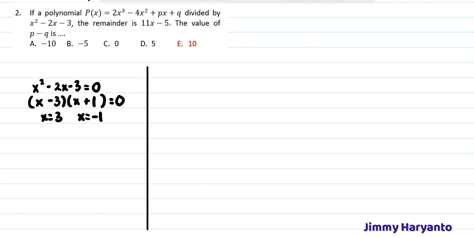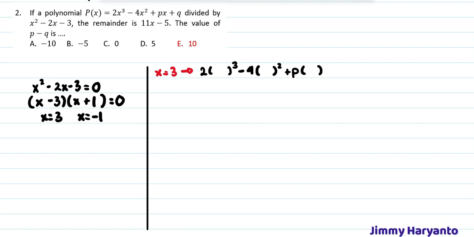The remainder theorem says you only have to input the value of x into the polynomial. The polynomial is 2x to the power of 3 minus 4x squared plus px plus q, and the result will be the remainder. The remainder itself is 11x minus 5.